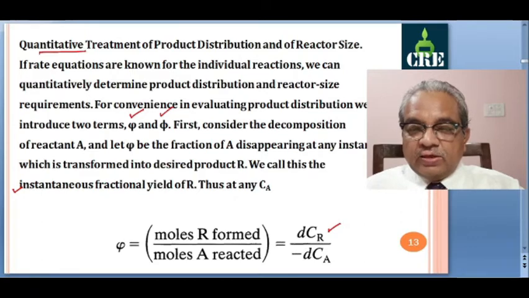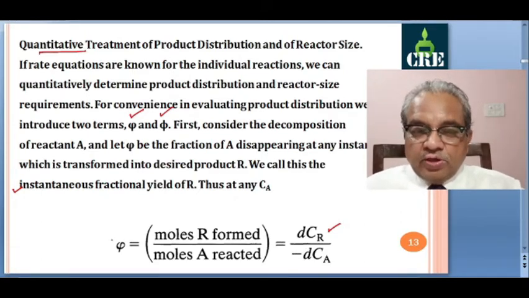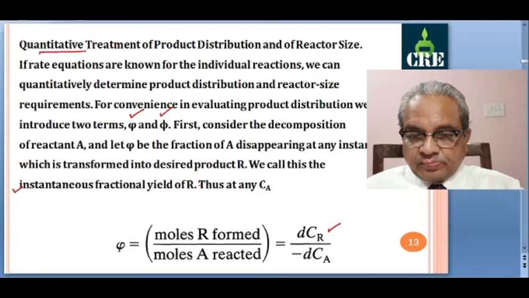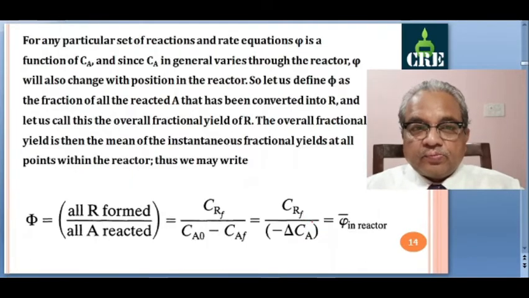So dCr by minus dCa will give me this phi. The ratio is simply moles of R formed and moles of A reacted. The desired product is R. Similarly, if your desired product is another species, S, then it is moles of S formed by moles of A reacted. The denominator remains the same, and here you will write dCs.